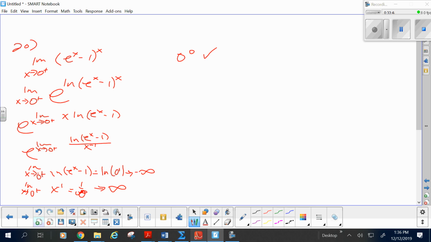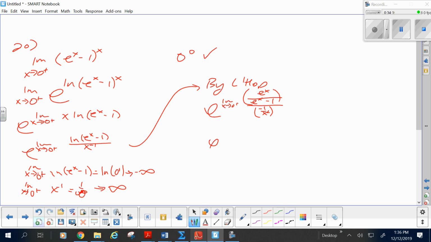So I have e to the limit as x goes to 0, e to the x minus 1 for the derivative on the log, e to the x for the derivative on the e to the x minus 1, over negative 1 over x squared.